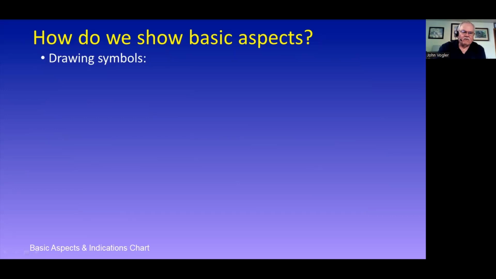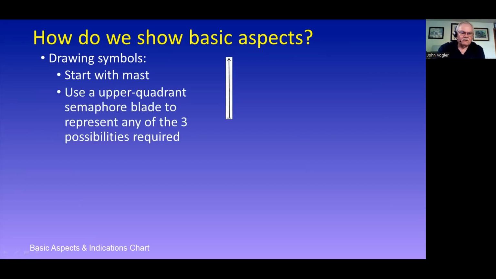So in order to do a design, you always need to have paperwork. And so what we're going to do is come up with a drawing. We'll start with the basics. There's a signal mast. Sort of looks like one. We're going to use the upper quadrant semaphore blade to represent the three possible aspects that could be on a particular arm of a signal. It's clear that those could be semaphore positions.